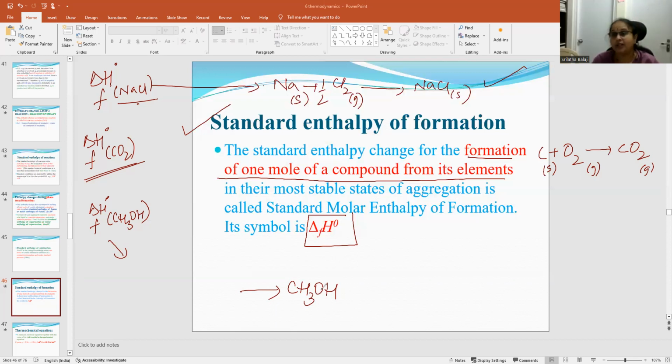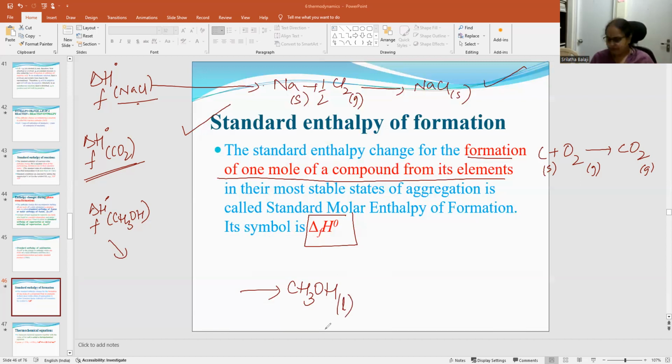Read the definition again, Jerome. It is formation of 1 mole of a substance from its elements. So, what do you call this compound? Methanol. Methanol is a liquid.